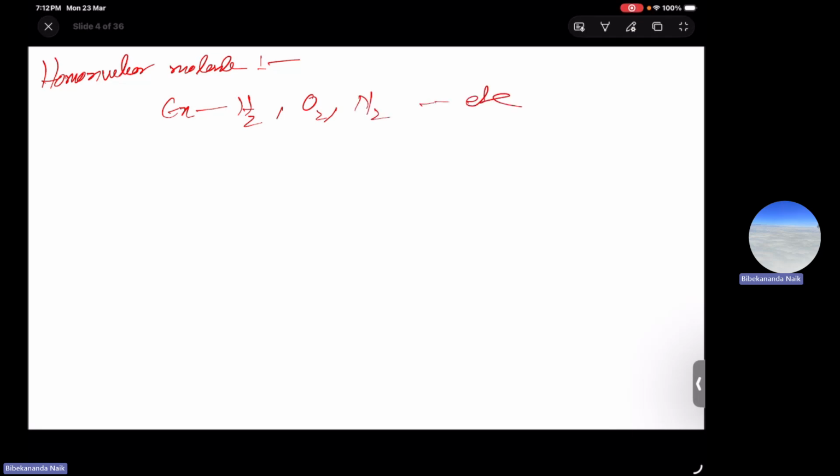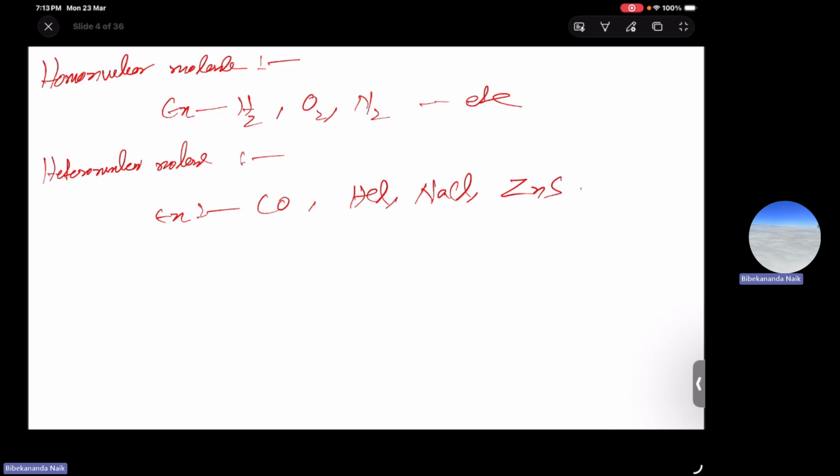They have two atoms that are similar. Then a heteronuclear molecule consists of different atoms, like carbon monoxide, hydrogen chloride, sodium chloride, zinc sulfide, etc.